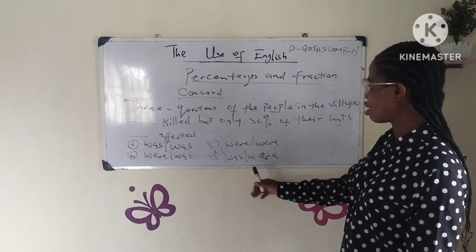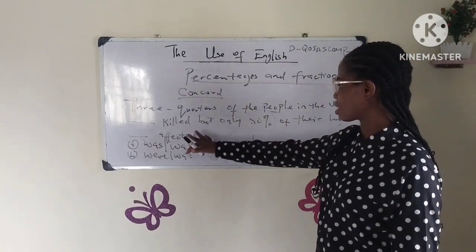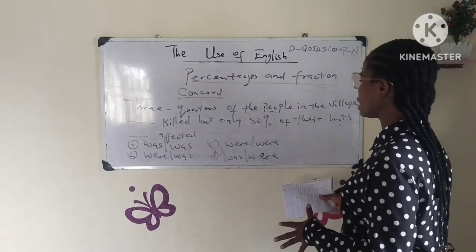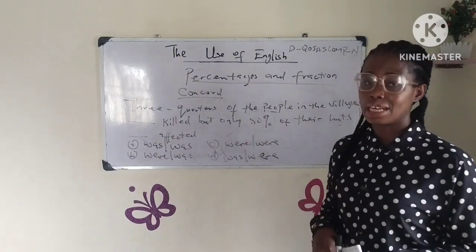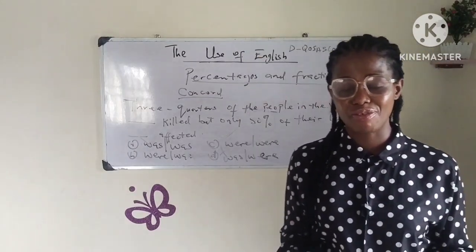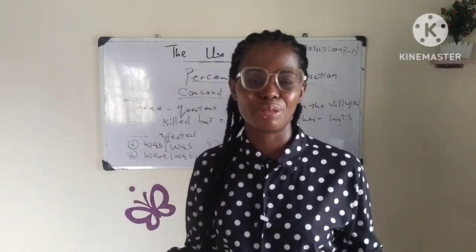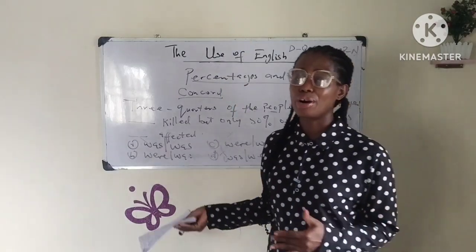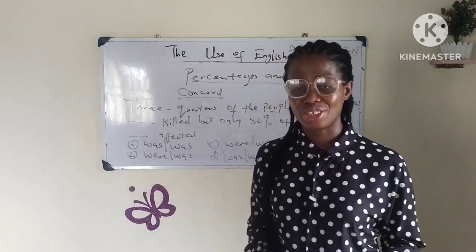Your attention should be on the noun that comes immediately after the percentage or fraction. If it's plural, the verb should be plural. If it's singular, the verb should be singular. That's all about percentage and fraction concord.